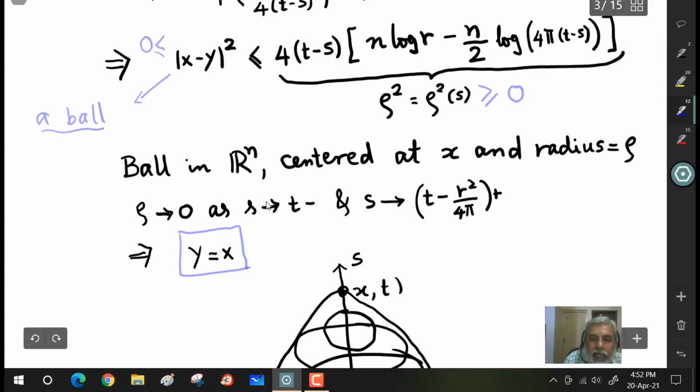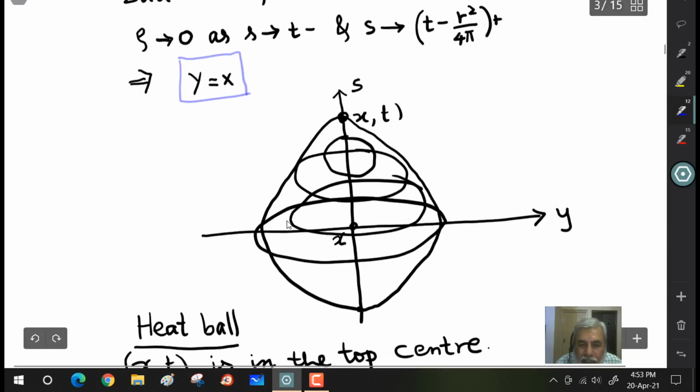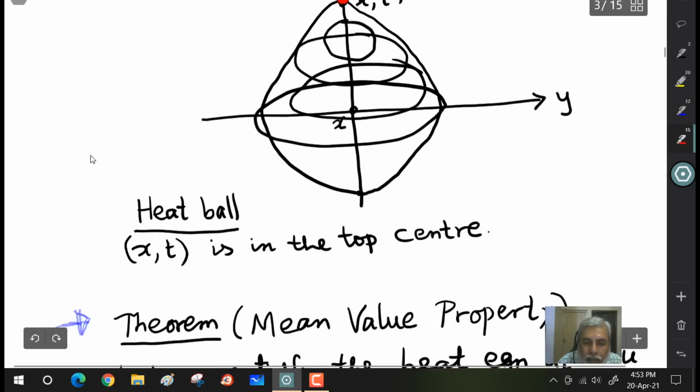So when this right-hand side is 0, y must be x. It's not a good figure, but I have drawn it here. So for each s you get a sphere in R^n, and then we get this (x,t) at the top of this heat ball, and it's in the center. Here also the s coordinate is t, and this one is t minus r^2 by 4 pi.